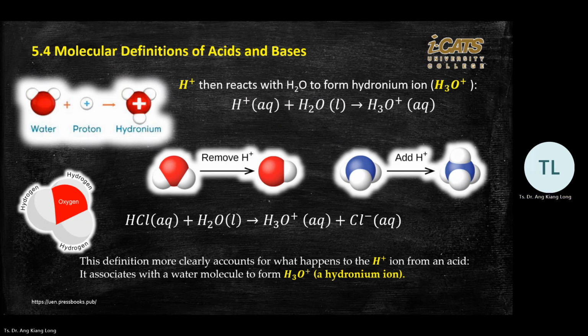So HCl aqueous plus water will form H3O plus and Cl negative. In this one, HCl removes H plus, and then the water receives H plus. Water receives H plus and becomes H3O plus.